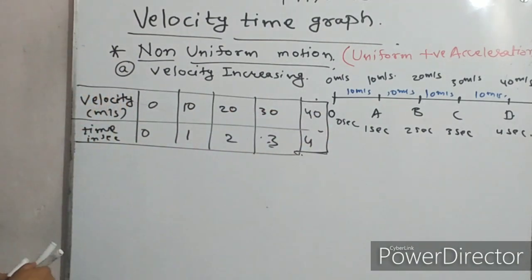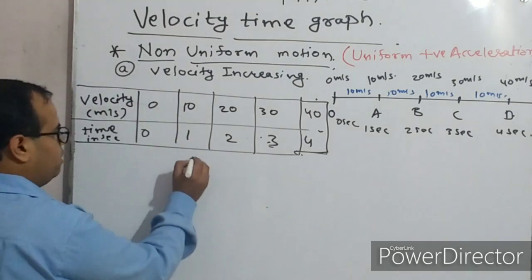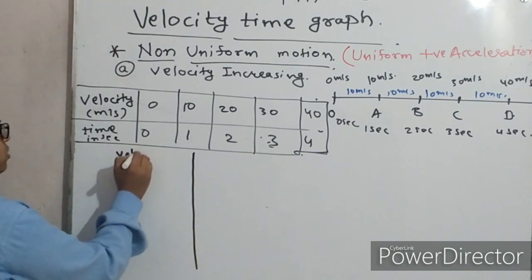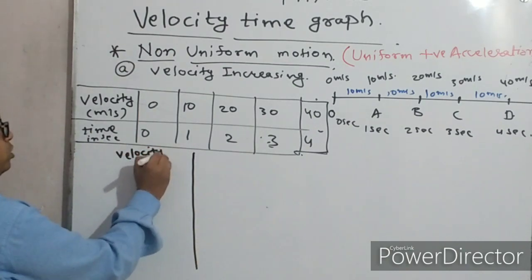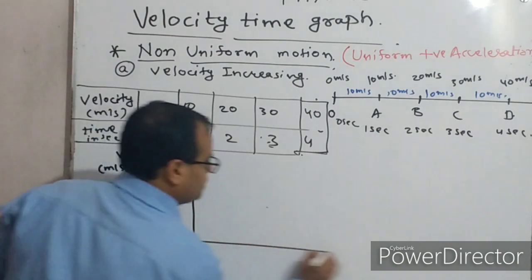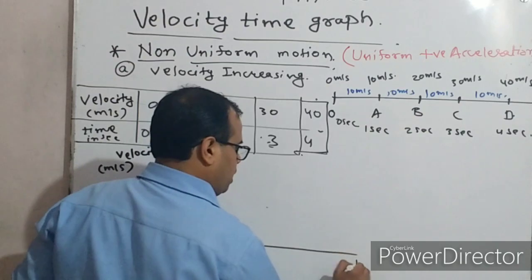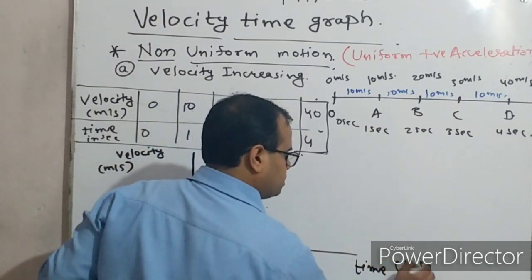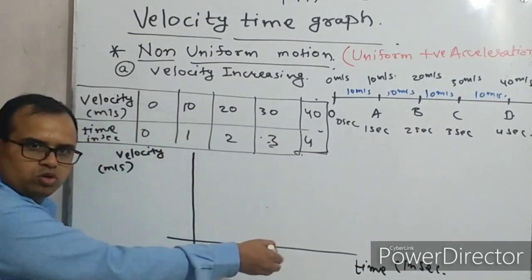Okay, let us plot this tabulated data. So on the y-axis we have velocity, which is in meter per second, and on the x-axis we have time, and that is in seconds, of course. I hope it is visible to you all.